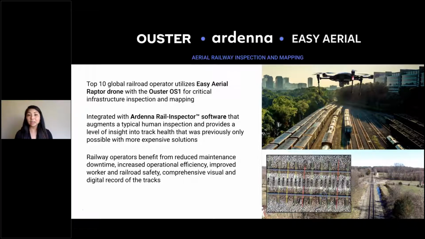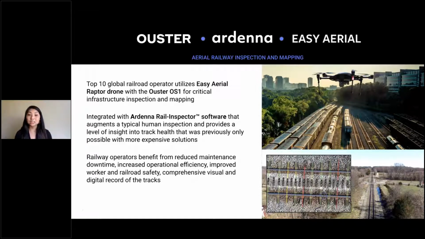This data is then processed using Ardenna's AI-based software that provides critical information like the rail health, the distance of the railway, and really centimeter level information that operators can then use to make decisions around maintenance and repairs. What this data does is it augments a typical human inspection and delivers this new level of detail that was previously only available with much more expensive solutions.